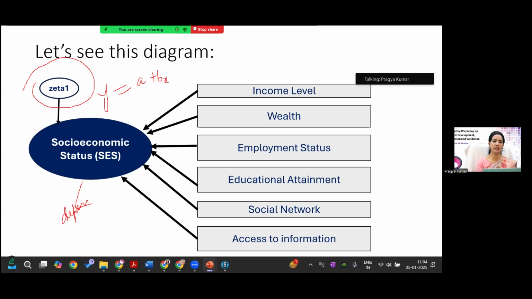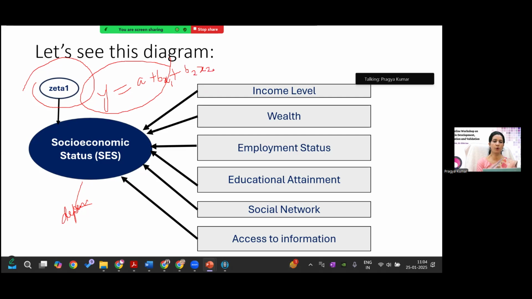Taking this equation into account, this principal component analysis, or formative scale, is explained as b1x1 plus b2x2, where b2 is another coefficient and x2 is another variable.